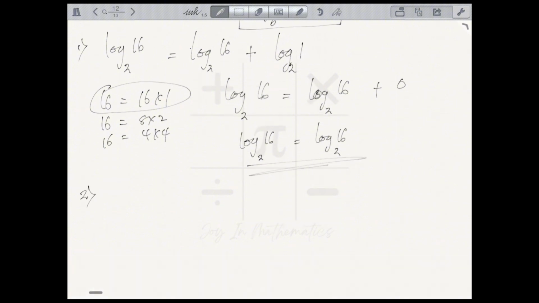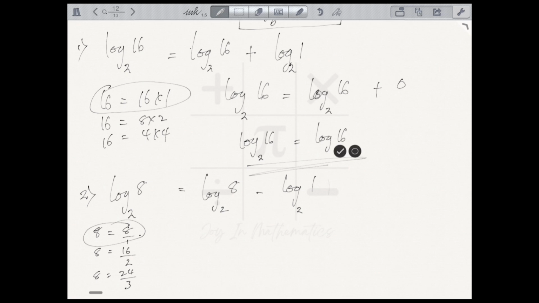So let's take another example. Again, in our subtraction law, where we have log 8 to base 2, we recall that 8 can be written as 8 divided by 1. 8 can also be written as 16 divided by 2. 8 can also be written as 24 divided by 3, as the case may be. So when we apply the first principle, this will give us log 8 to base 2 minus log 1 to base 2.